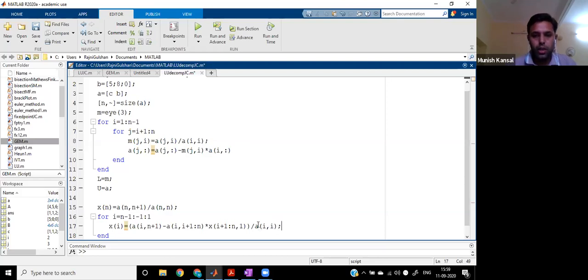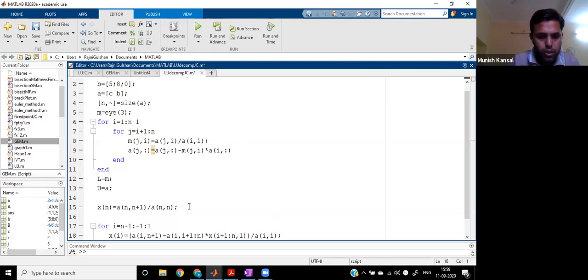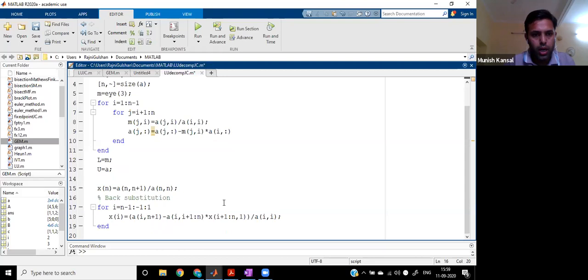So this is the command for back substitution. So now I will take the output as x because I want to display the solution vector x.